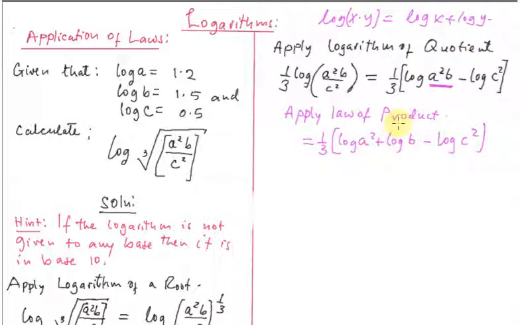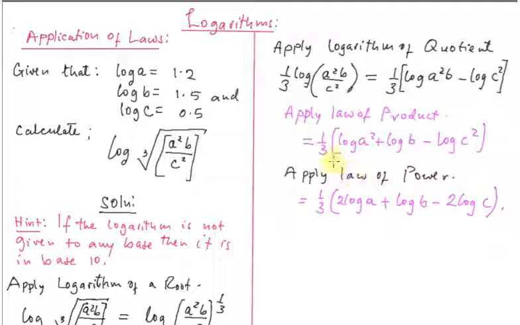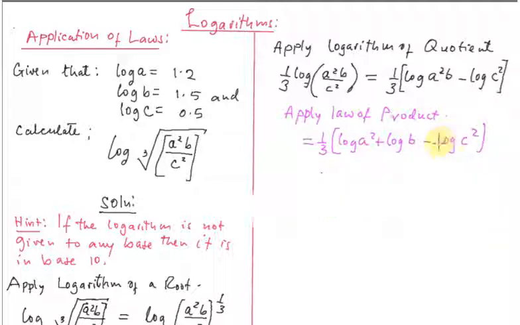You have to remember them. When you apply the law of product, you are going to have 1 over 3 of log a squared plus log b minus log of c squared.